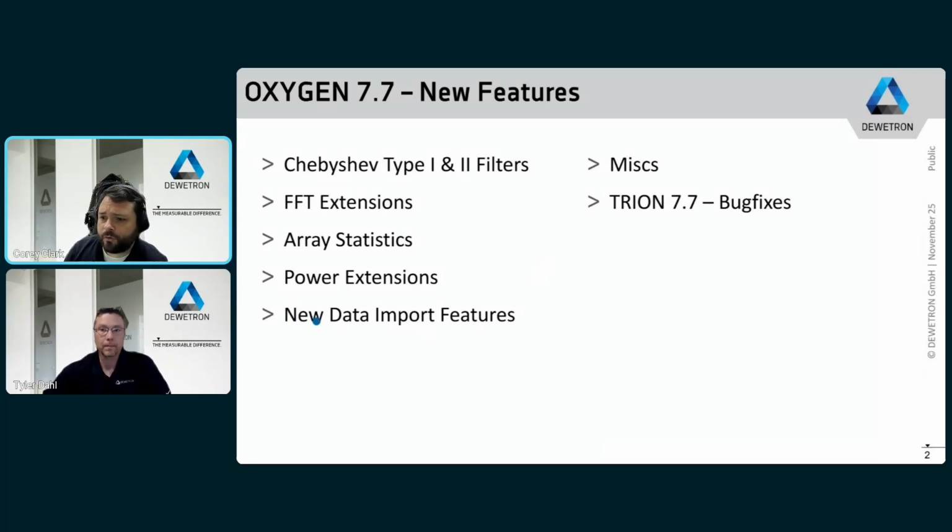We have some new data input features to tell you about. And then we have some miscellaneous quality of life features that we've added. And then lastly, we have a page of some bug fixes regarding the Tryon 7.7 drivers and some of our hardware. And so without further ado, we'll jump into the first topic here, which is the Chebychev filters.